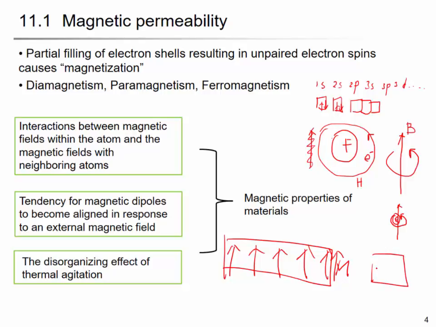It doesn't attract any ferromagnetic material. So this is all random. The magnetic dipoles are randomly aligned, so they compensate each other. Right? So if you apply a very strong magnet to this iron, which is unmagnetized, then these magnetic dipoles will align so that it becomes a magnet.